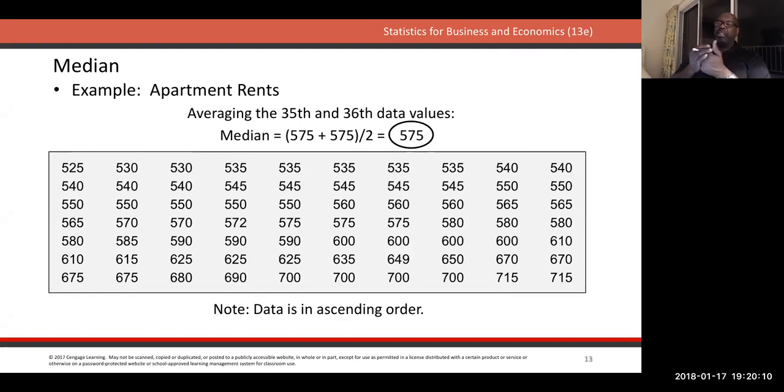If I divide 70 by 2, that means I have 35 numbers in one half, and 35 numbers in the other half, which means that I must put a value between the 35th number and the 36th number, so that way I could have 35 numbers above and 35 below. So I'm averaging the 35th number and the 36th number, in which case it is just 575, all right?